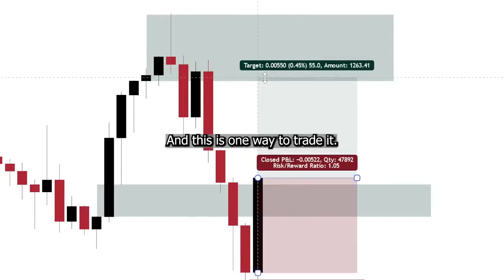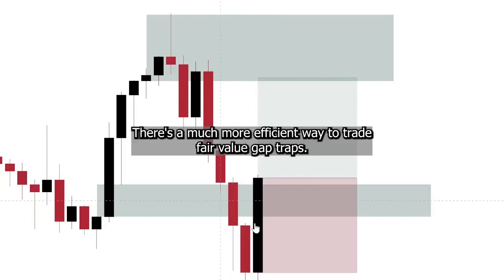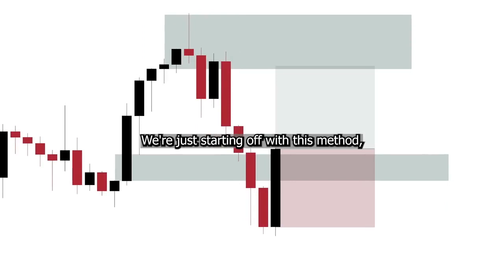And this is one way to trade it. There is a much more efficient way to trade fair value gap traps than this. We're just starting off with this method.